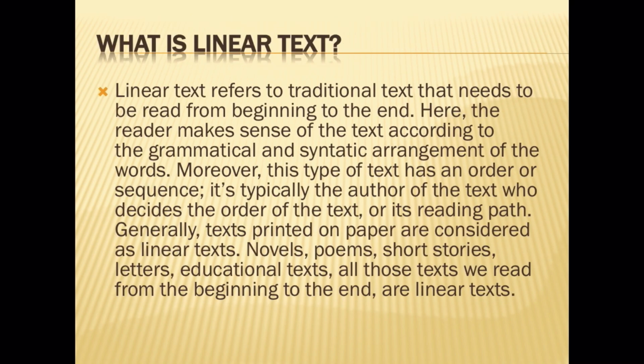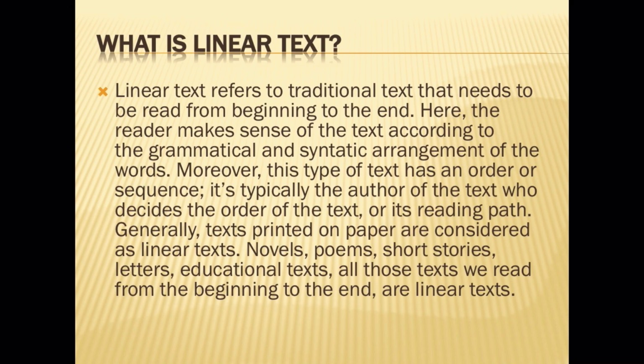So, what is linear text? Linear text refers to traditional text that needs to be read from beginning to end. Here, the reader makes sense of the text according to the grammatical and syntactic arrangement of the words. Moreover, this type of text has an order or sequence.